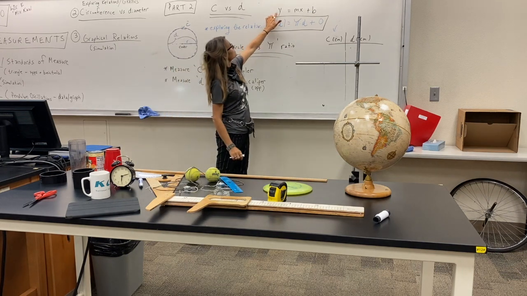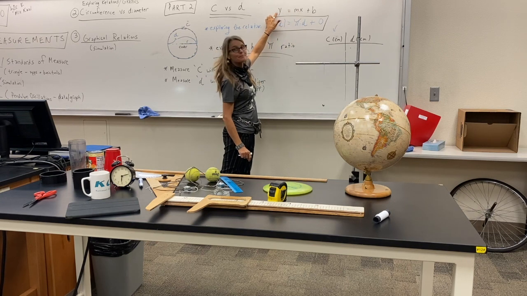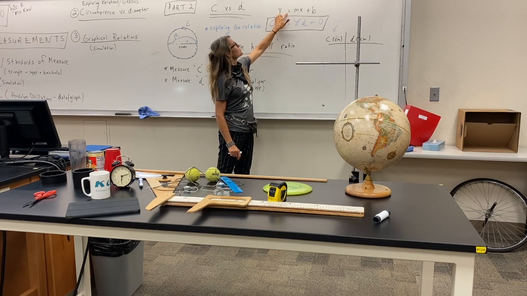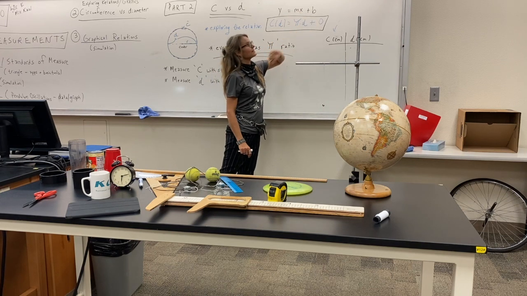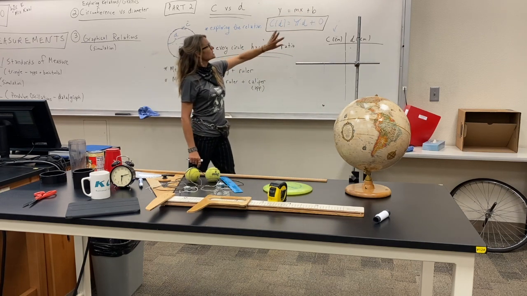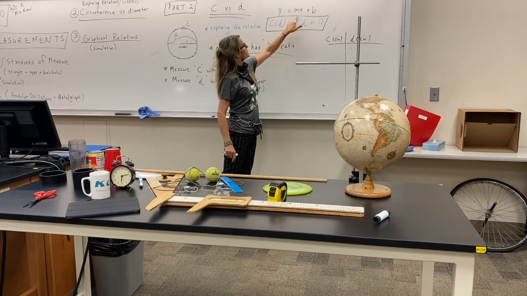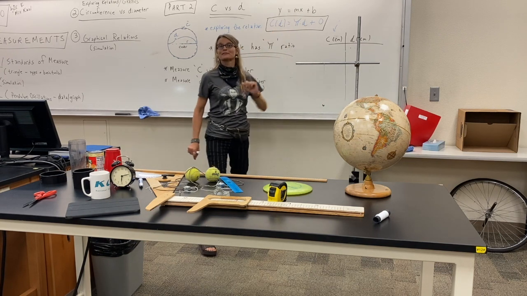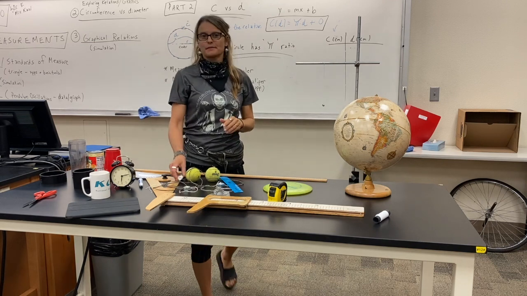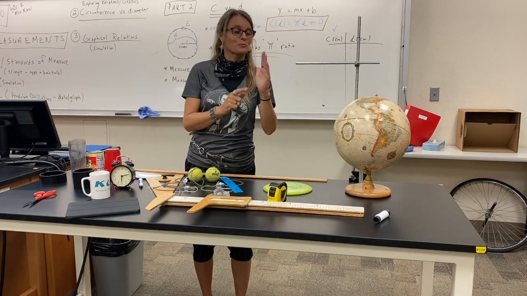So we have our dependent variable equal to our slope times our independent variable plus our y-intercept. We should have about 0 for our y-intercept, but our slope should be pi, and our diameter is our independent variable. Circumference depends upon your diameter, and that makes sense. The larger you make your diameter, the bigger the circumference will be.